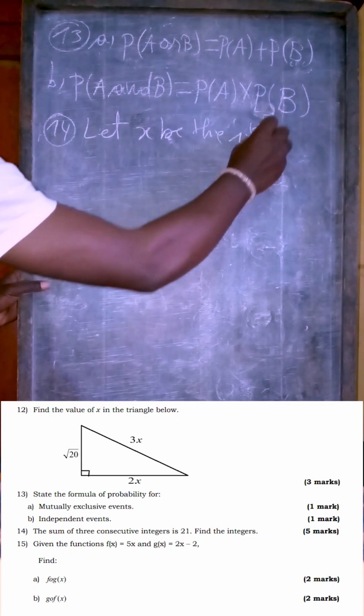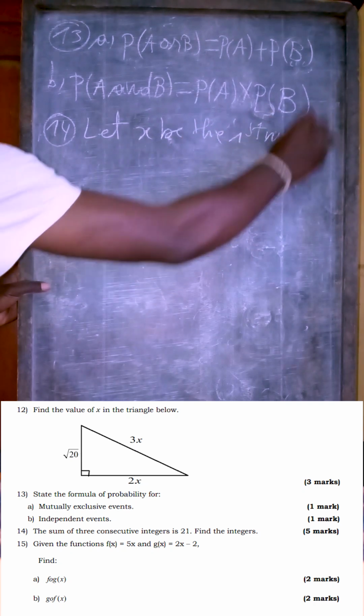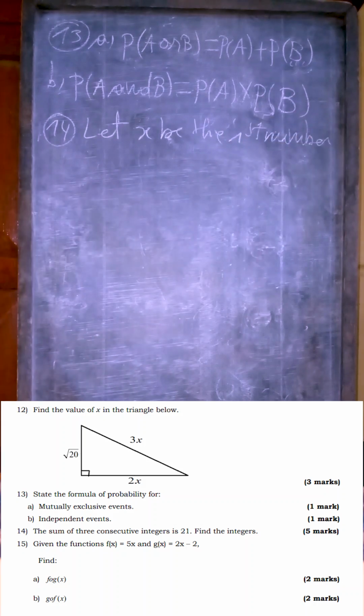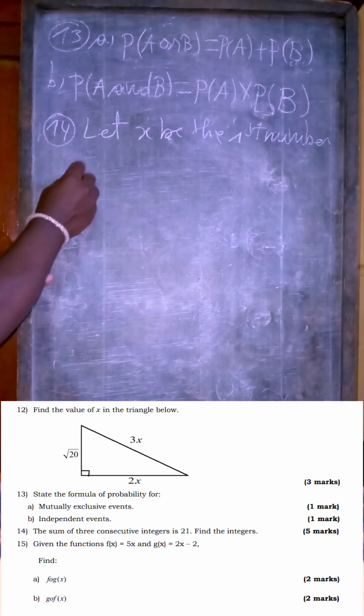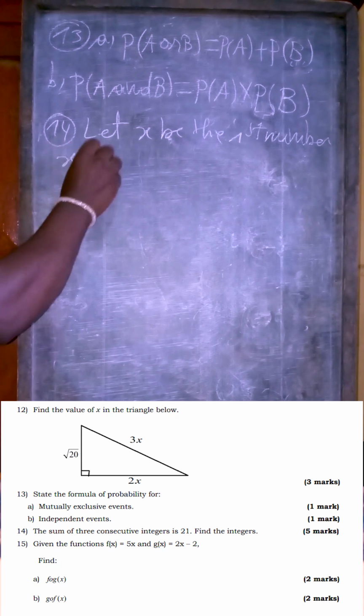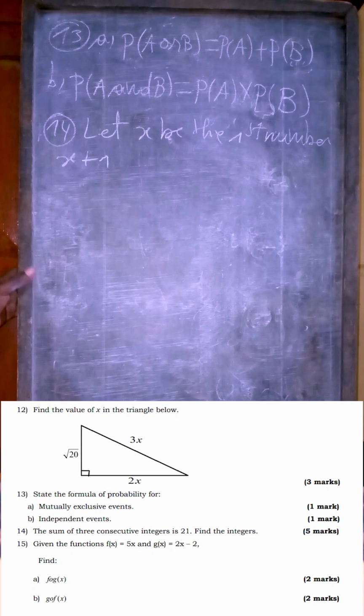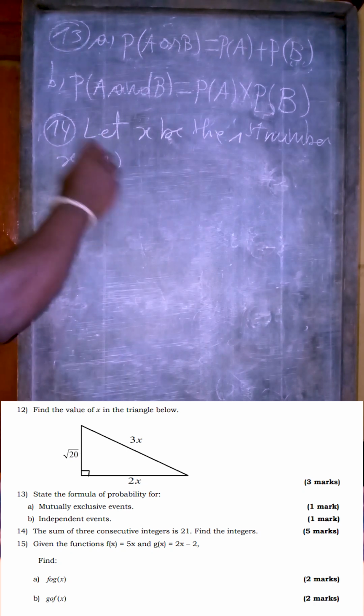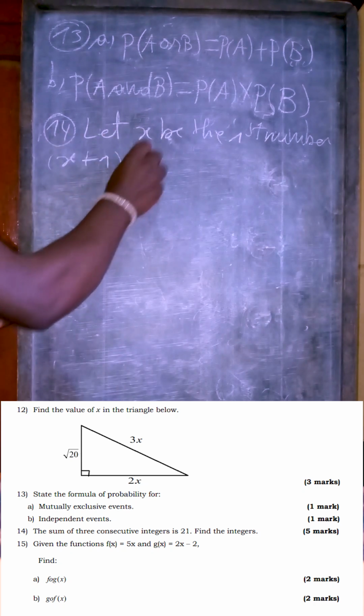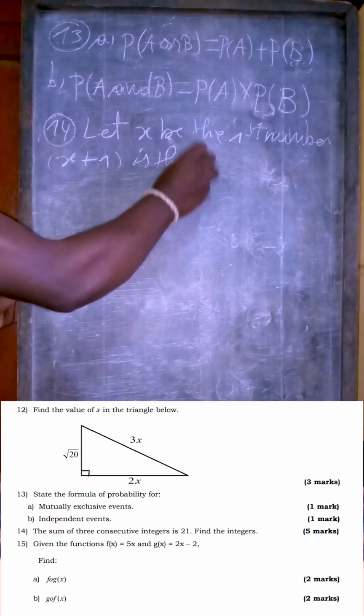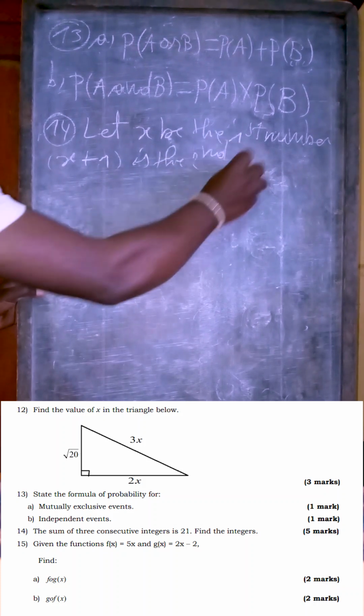If x is the first number, the second number must be x plus 1 because the difference must be 1. x plus 1 is the second number.